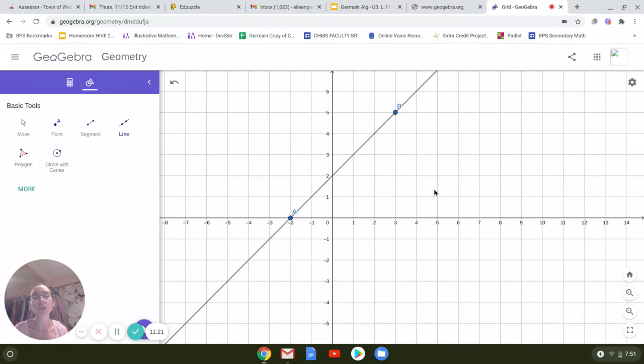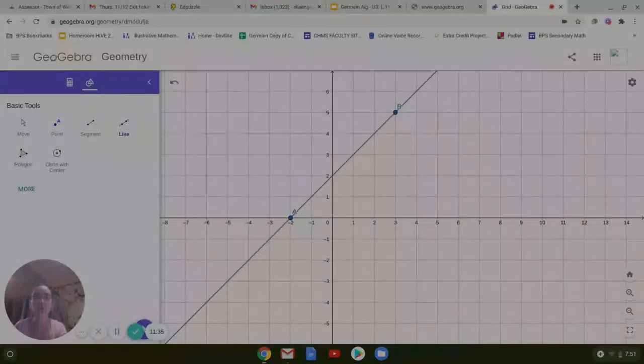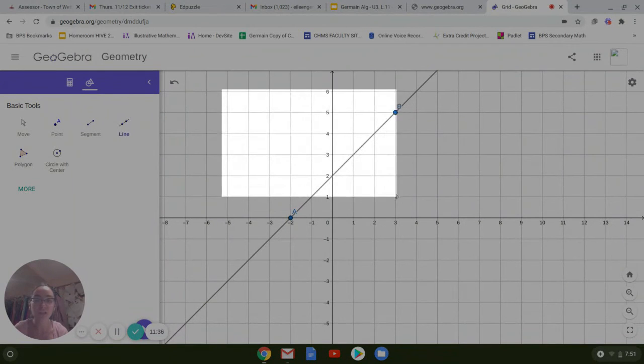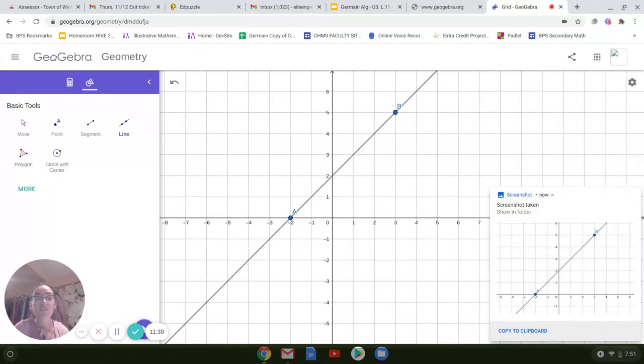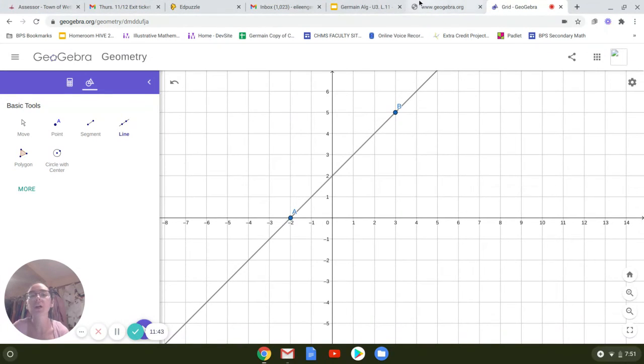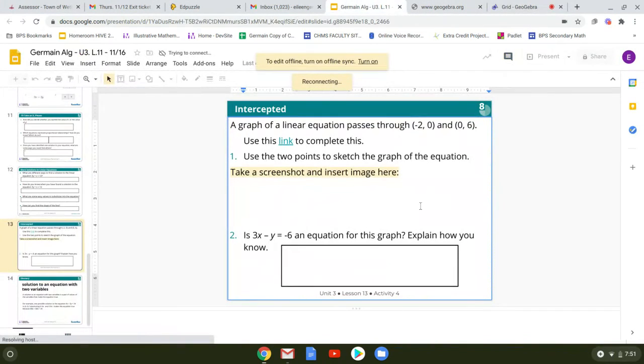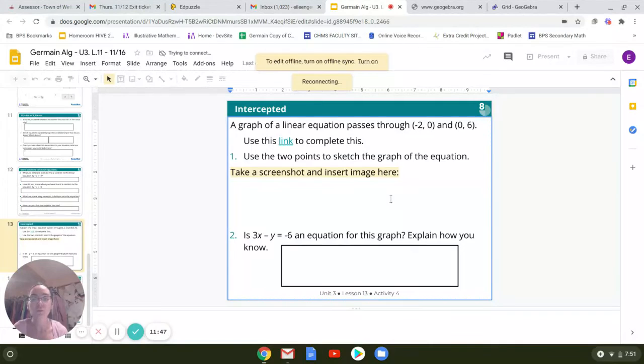Once you create your graph, I want you to press Control, Shift, and then the button above the 6 so that you can take a screenshot of it. You're going to copy to your clipboard, come back in here, and paste it.